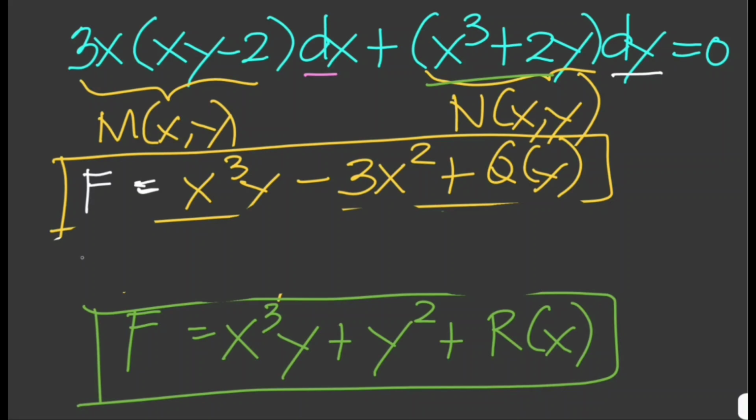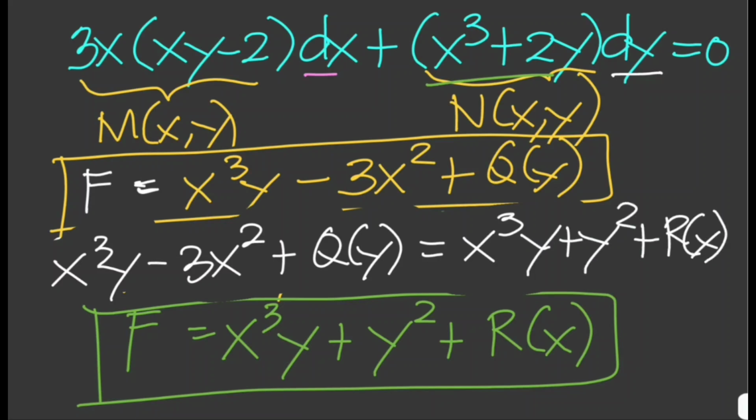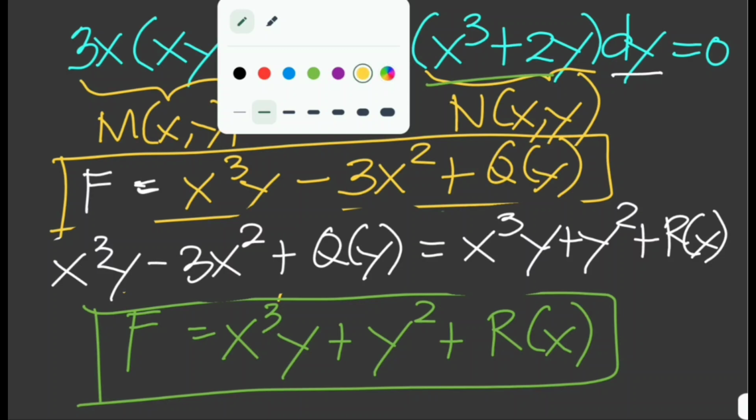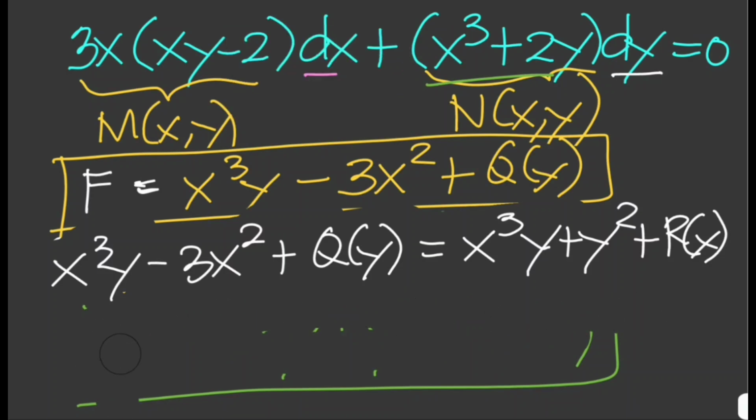So we equate the two f's. That would be x cubed y minus 3x squared plus q of y equals x cubed y plus y squared plus r of x. Alright, so let me delete this so it won't be confusing.